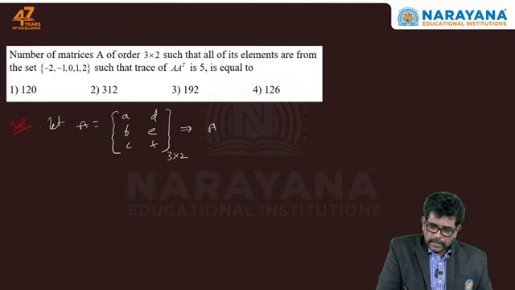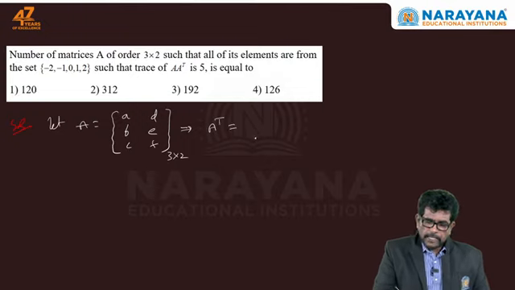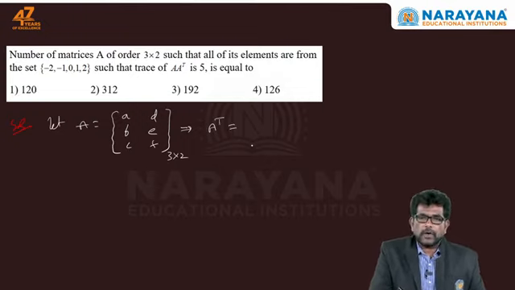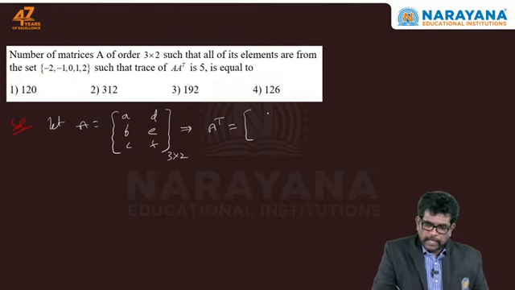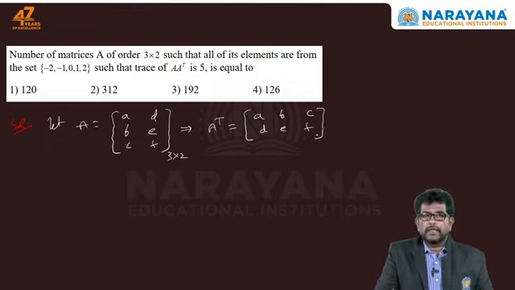Now the transpose of A. How do we get the transpose matrix? You know that the rows can be written as the columns. That is, the transpose of A is a 2 by 3 order matrix. So it becomes A, B, C, D, E, F. This is the transpose of A. Now the trace of the product.